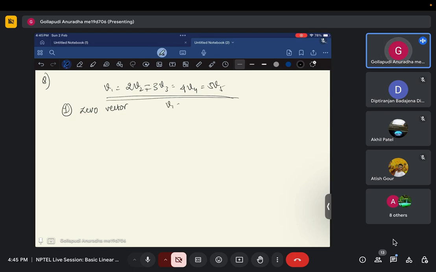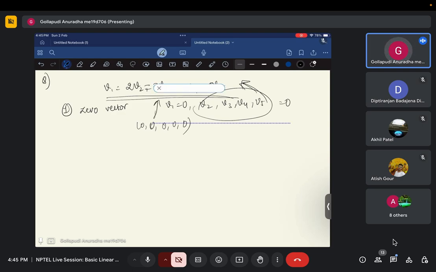If v1 is equal to 0, then of course v2, v3, v4 and v5 all will be 0 from this relation. So this is one of the vectors in the set which will follow this constraint. So the first condition is satisfied. The second condition is I will see whether the addition will follow the constraint or not.